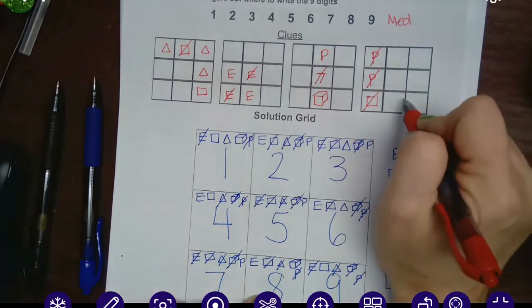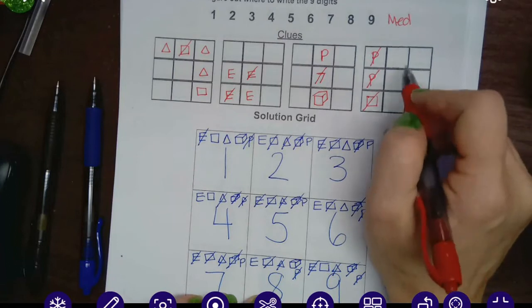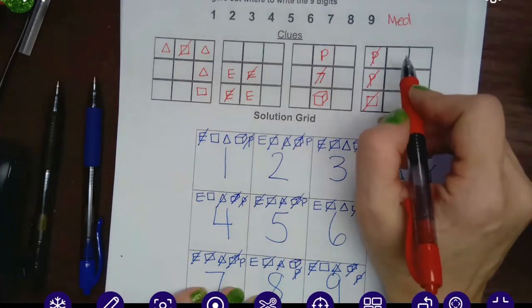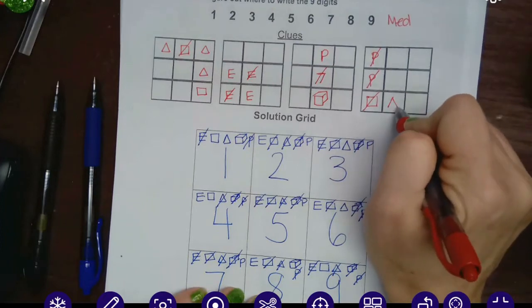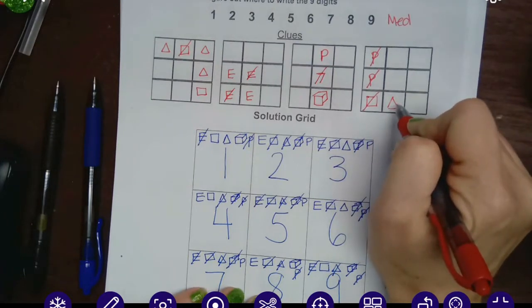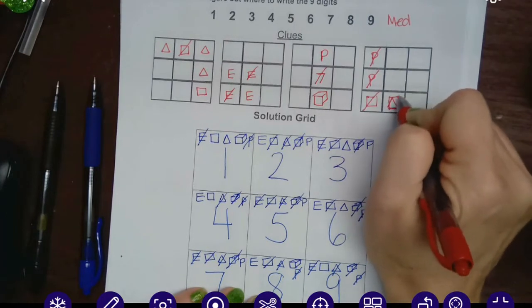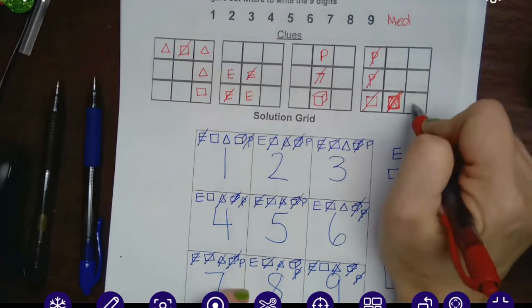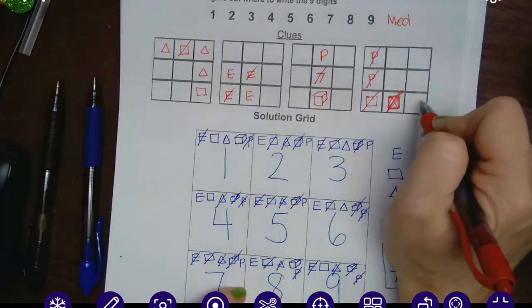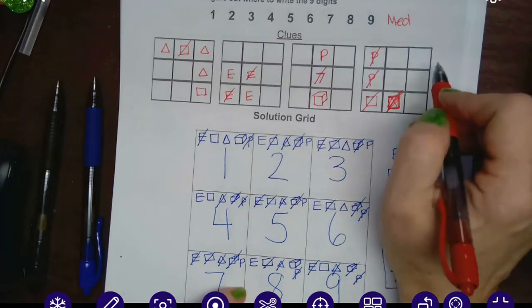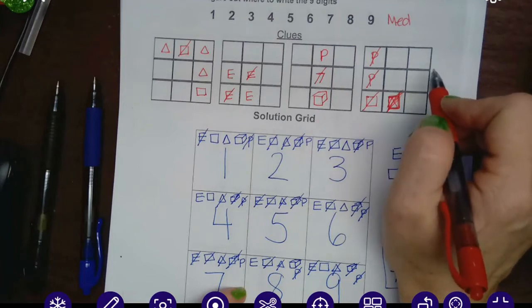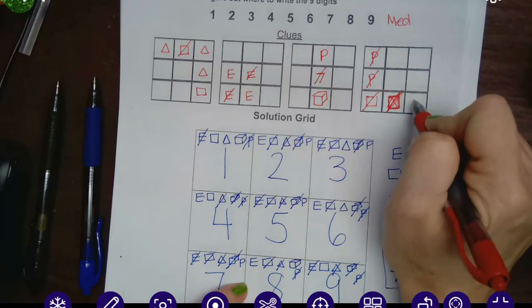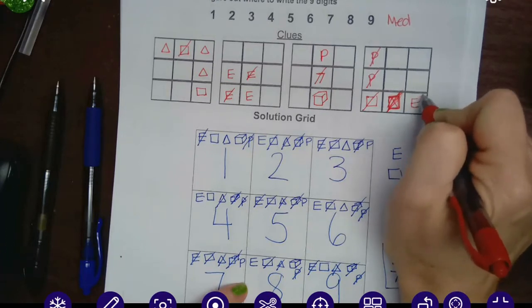And then here, it already has an even, so I'll take off another square. And then we already know this is being square, so I'm going to say it's not even.